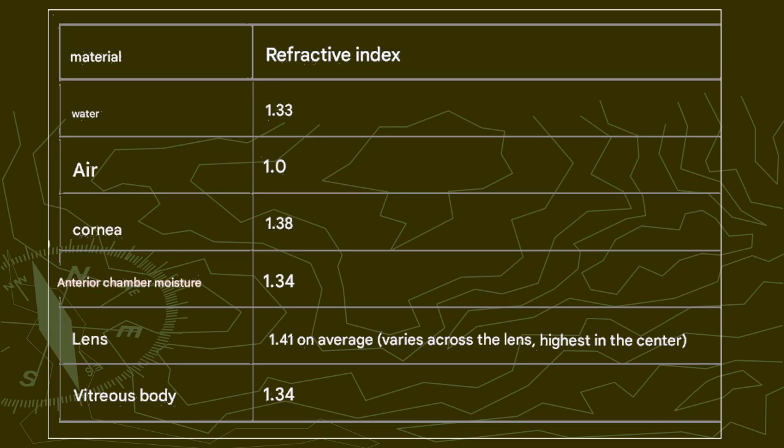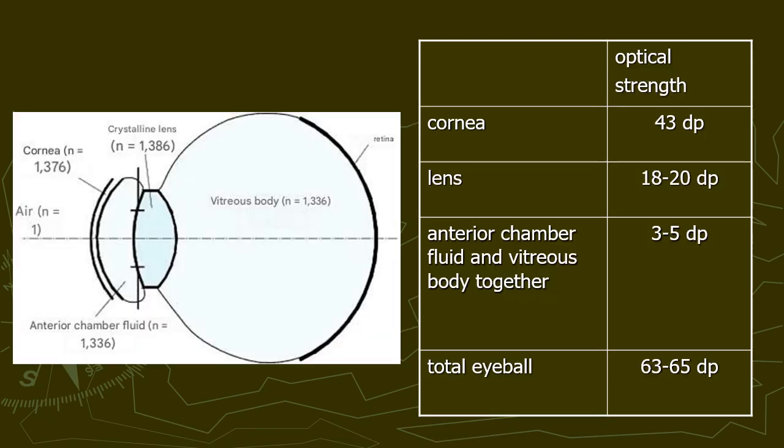Looking at these indicators, one might ask which medium has the maximum optical power, that is, the maximum ability to refract light. Usually they say that since the lens has the maximum refractive index, it will also have the maximum optical power. Well, let's take a look at the next slide. We will have the maximum optical power at the cornea.